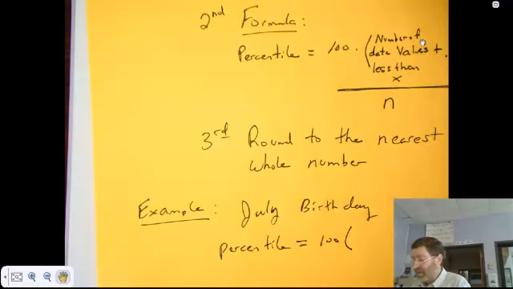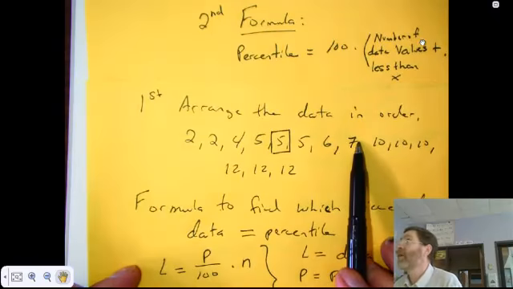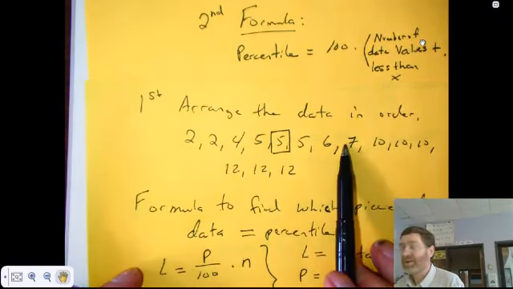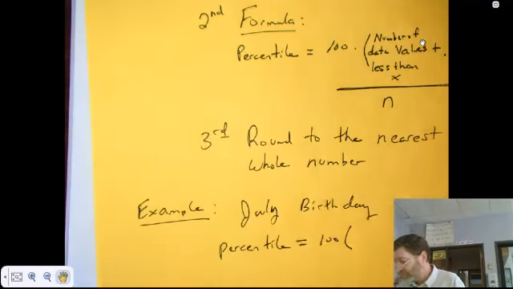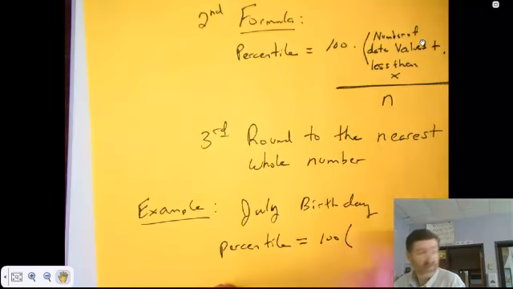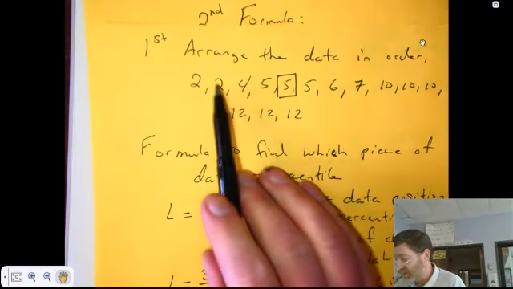Now, the number of data values less than x, so we're picking 7. How many data values do we have less than 7? 1, 2, 3, 4, 5, 6, 7.